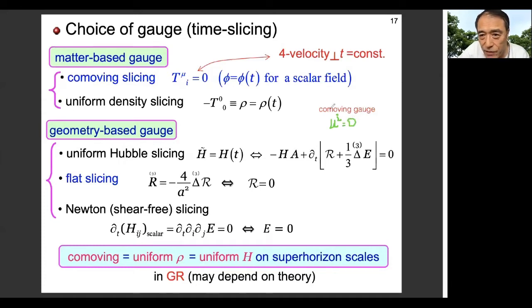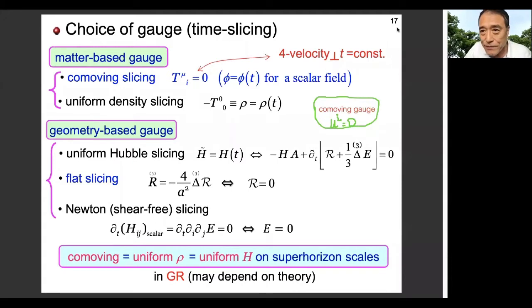The terminology we use in cosmology comes from here. Everything is co-moving with the coordinate, so of course velocity with respect to that coordinate is 0. So this is co-moving gauge. Here this is co-moving slicing. So please don't get confused.